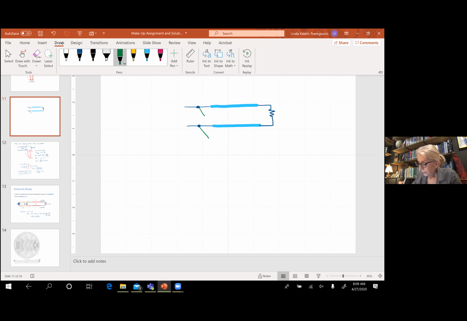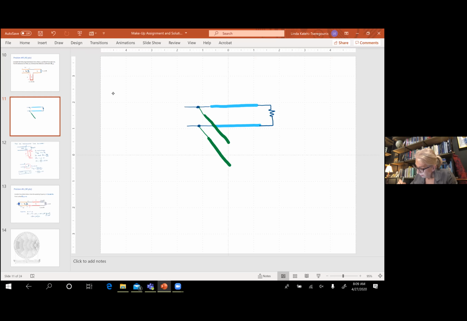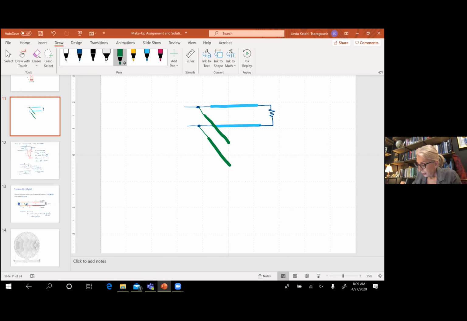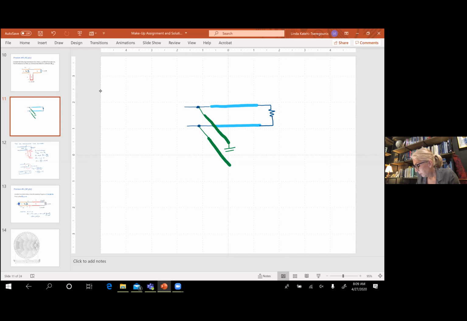And this one here is like that. And at the end, this one has a capacitor.